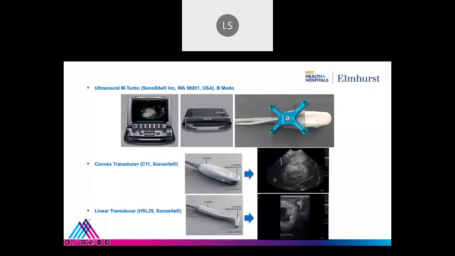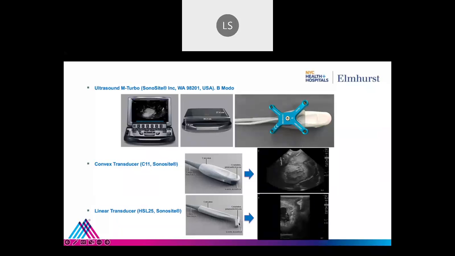And there's another one that is linear, commonly called a hockey stick. That is this one here, and it is actually more precise, but it doesn't have as much depth as the other ones, and it gives you a rectangular image instead of this convex picture.